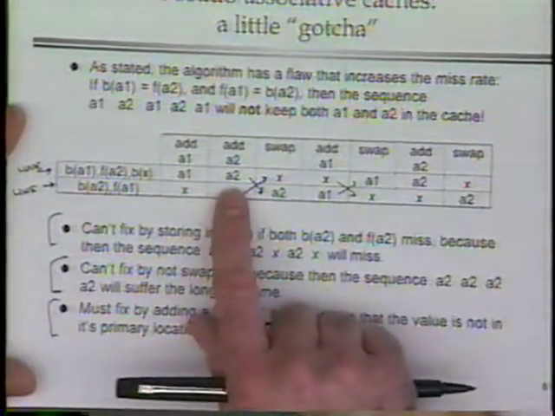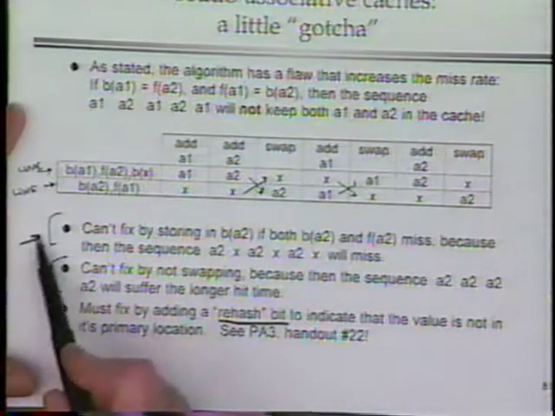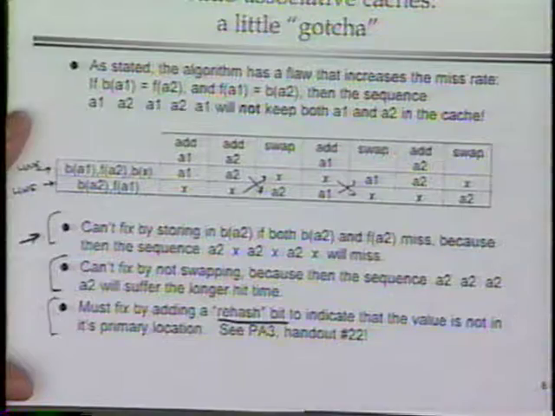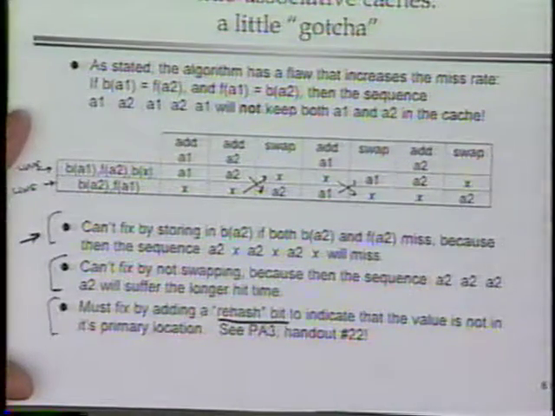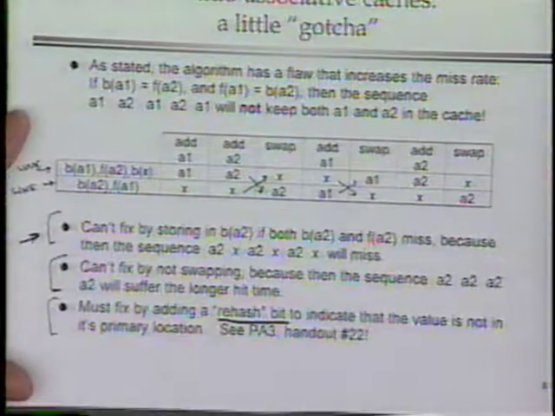If you think that putting it in its secondary location is not the right thing to do, and you should have put it in its primary location, that doesn't work either. You really need another bit of state information to keep track of, to avoid the case where both of the lines are filled with things in their secondary locations.